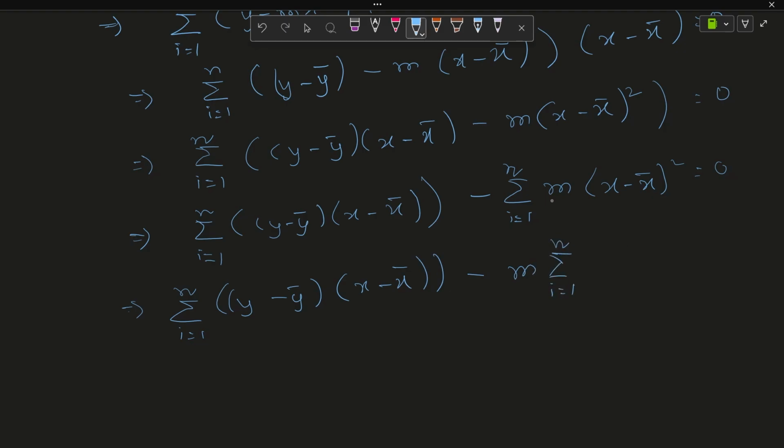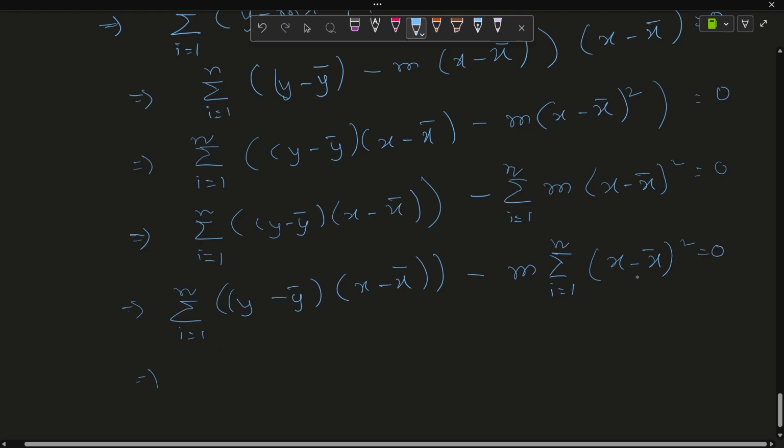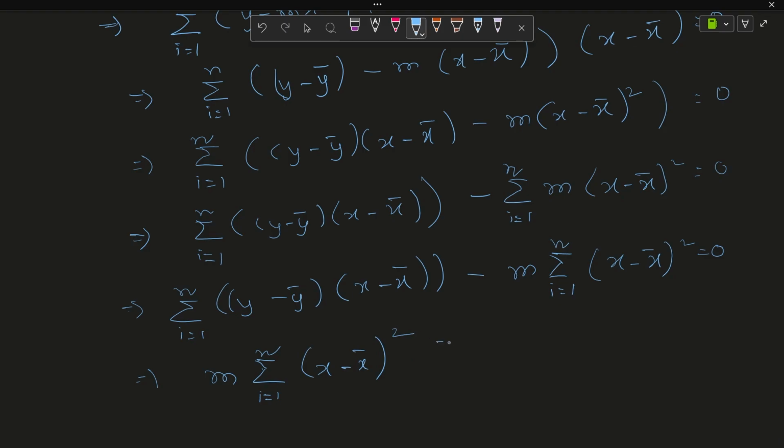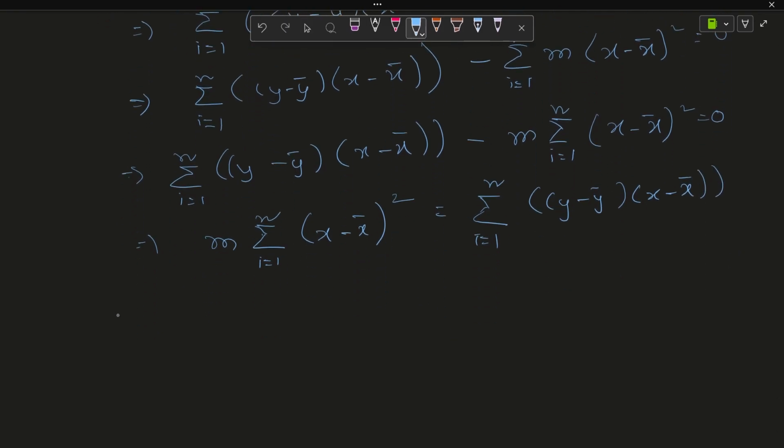Okay, so you have put m outside of this, and then you can take this to the right hand side, what it will be, and take m and put this thing to the right hand side.